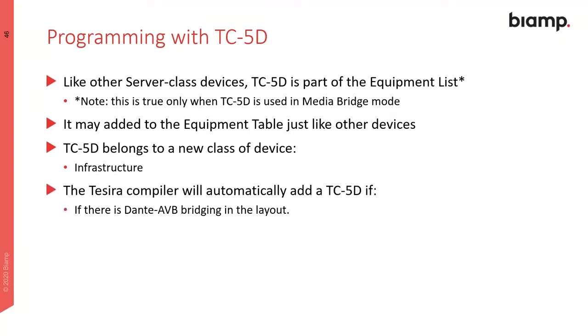The Tesira compiler will automatically add a TC5D if you have a Dante AVB bridge in the layout. So anytime you have a system, once you hit compile, it will automatically add the TC5D into your system. But remember one thing: the compiler is always smart enough to get the least expensive classification of the component.